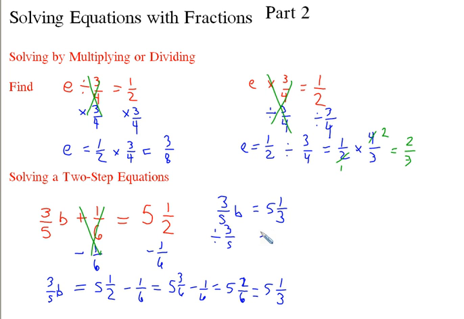When I divide both sides by 3/5, once again, this all cancels out, and I'm left with just b is equal to whatever is on the other side, which is going to be 5 1/3 divided by 3/5. Let me draw a line here to make it clear that we're in a separate part of the problem.